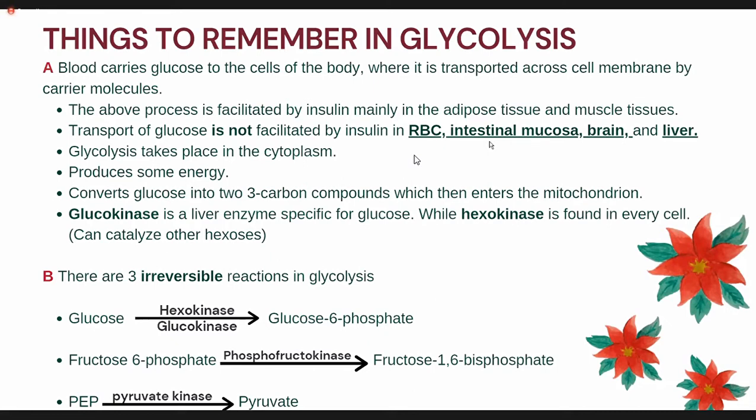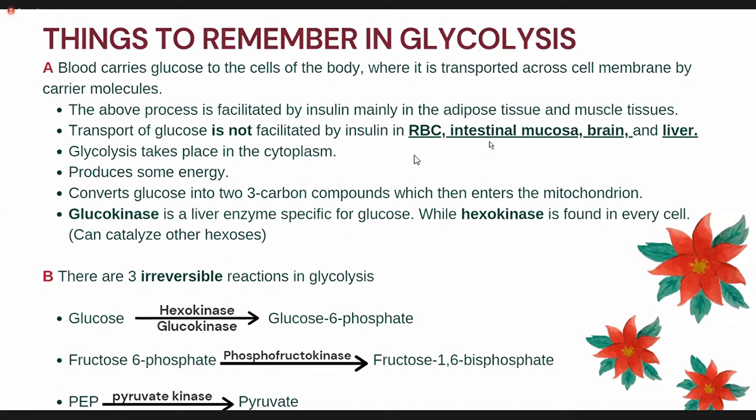In the glycolytic pathway, there are 3 irreversible reactions. The first is catalyzed by hexokinase or glucokinase. Now you know already, if it is hexokinase, it is not a liver cell. If it is glucokinase, it means a liver cell. So glucose is converted to glucose 6-phosphate.